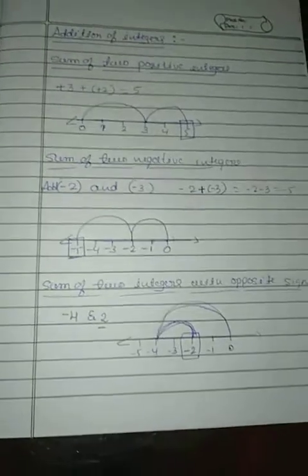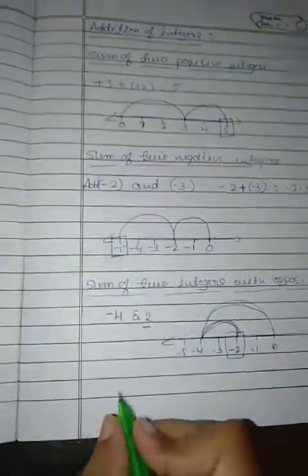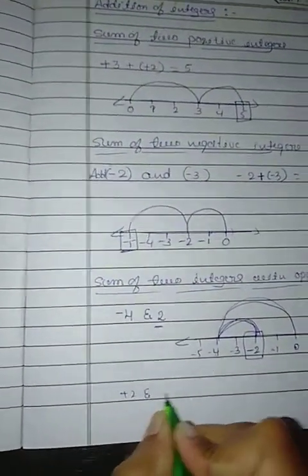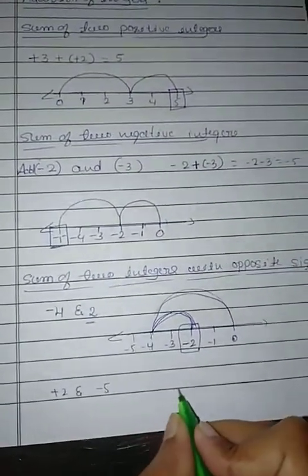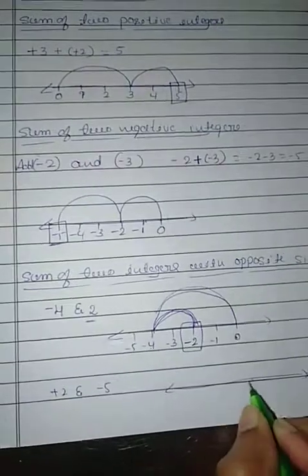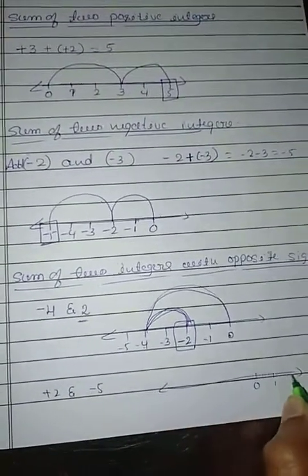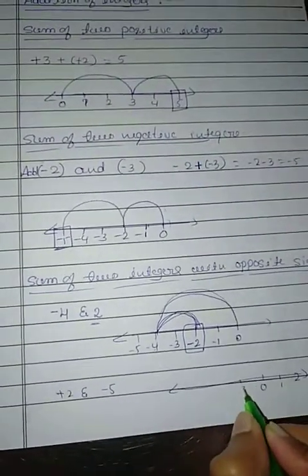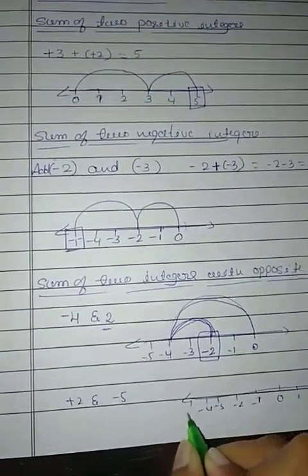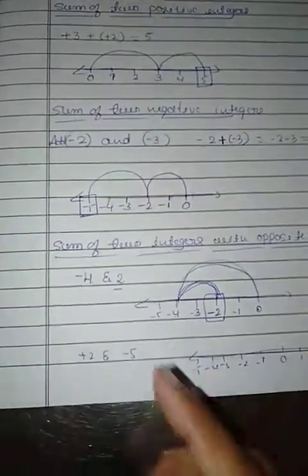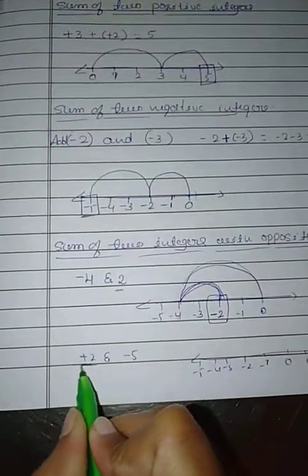Okay. For example, if you take another one, that is plus 2 and minus 5. First write the number line. This is 0, 1, 2. This is minus 1, minus 2, minus 3, minus 4, minus 5. Here see, the first number is plus 2.